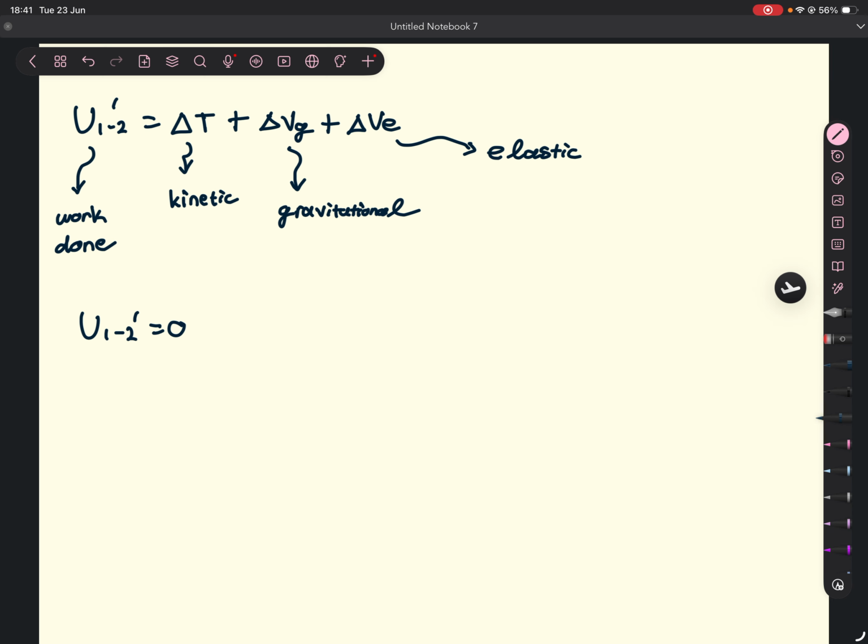Okay, so typically for questions like this, you'll be given two states, right? When you need to actually implement this equation, you'll be given two states, and then you would probably be told that it's frictionless, right? Because if you had to account for friction, then work would be done.